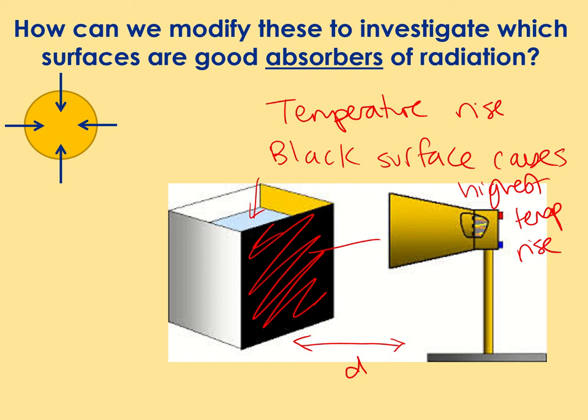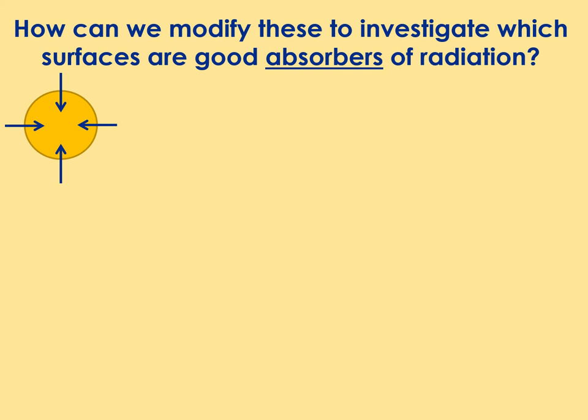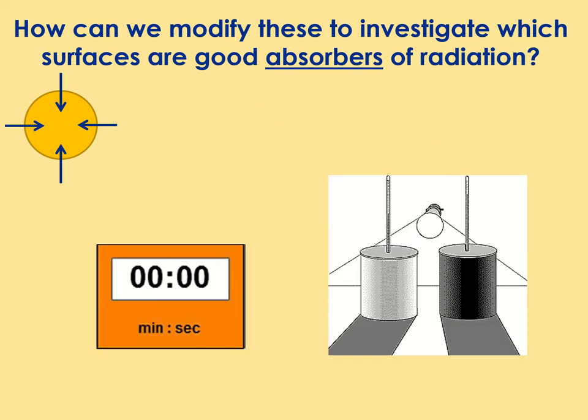If you don't have that equipment, again there's an alternative setup, very similar to what we did before. You would need to take a beaker or a can, cover it in black or white or silver paper, and then again shine some kind of hot lamp at it, and observe this time the increase in temperature.